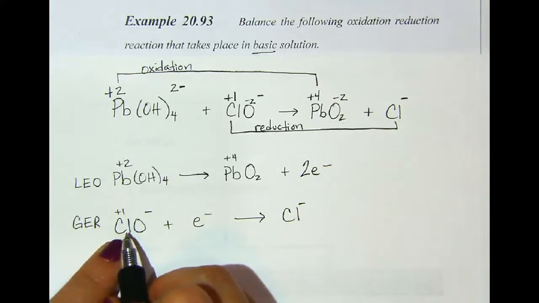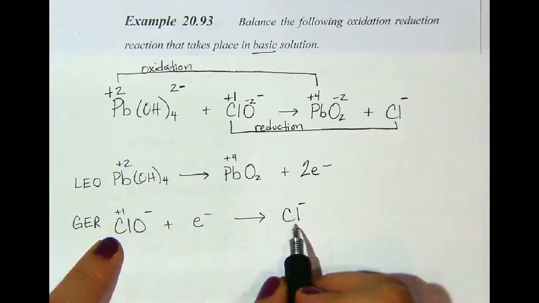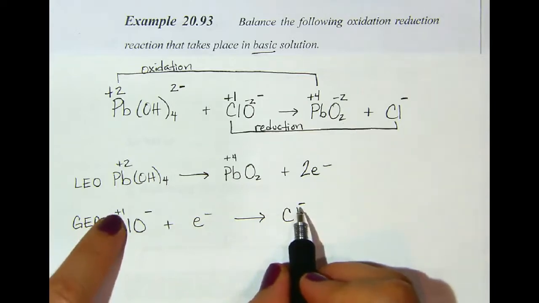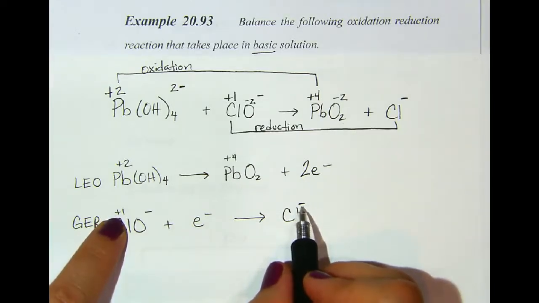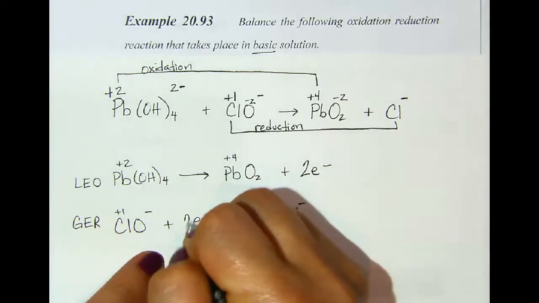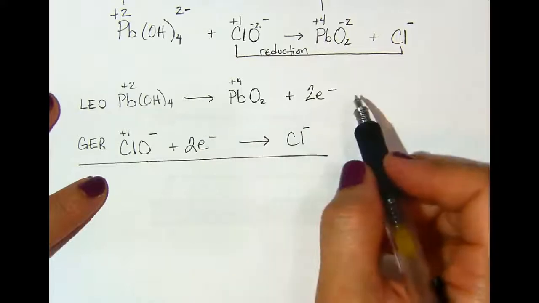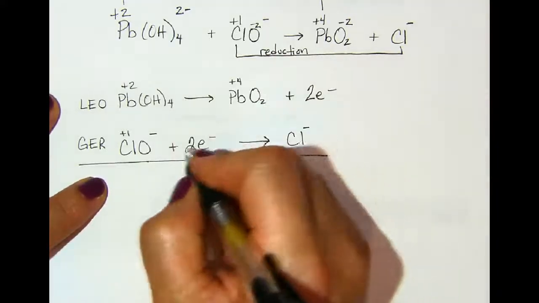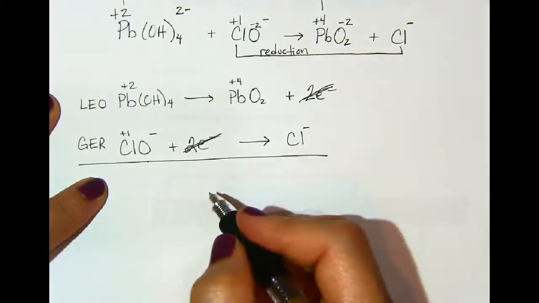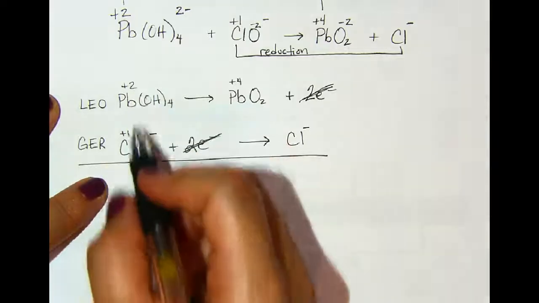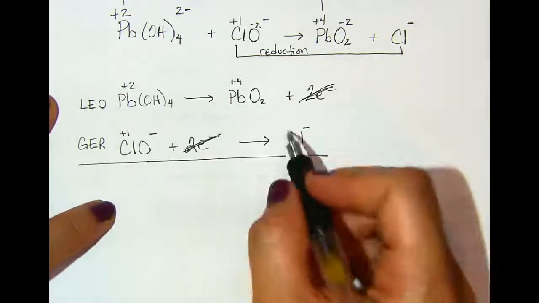Here, because there's 1 chlorine, and there's a difference between +1 and -1 of 2 on the number line, that means we had 2 electrons that were gained. Notice that we have an equal number of electrons that are lost and gained, and therefore those will cancel each other out. And so now I can just take these reactants and record them here, and these products and record them here.